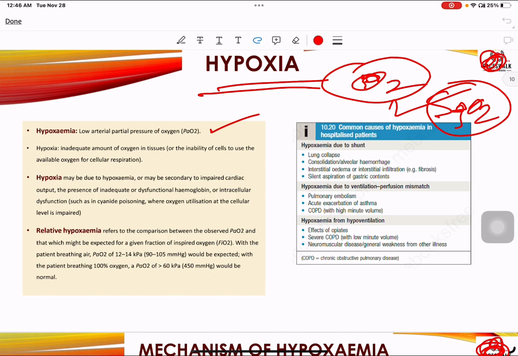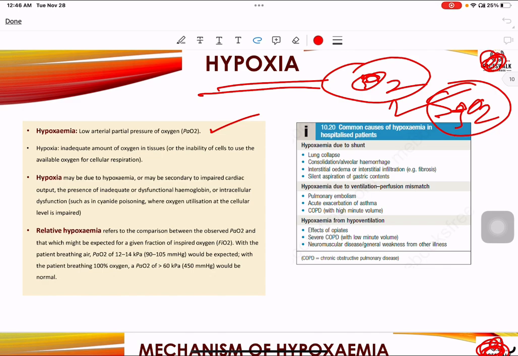There is another term, relative hypoxia. It is the comparison between the observed partial arterial pressure of oxygen and that which might be expected for a given fraction of inspired oxygen.